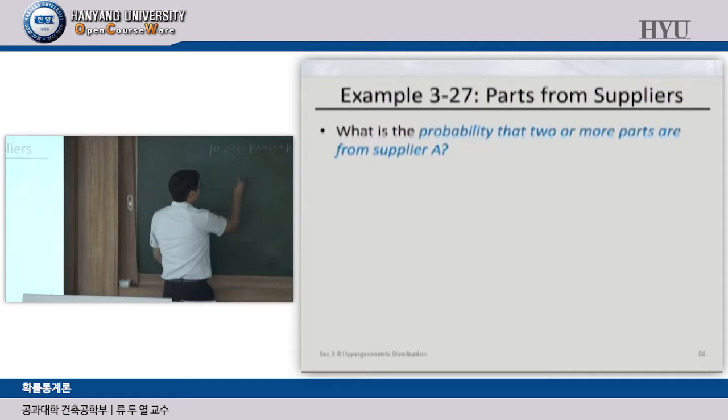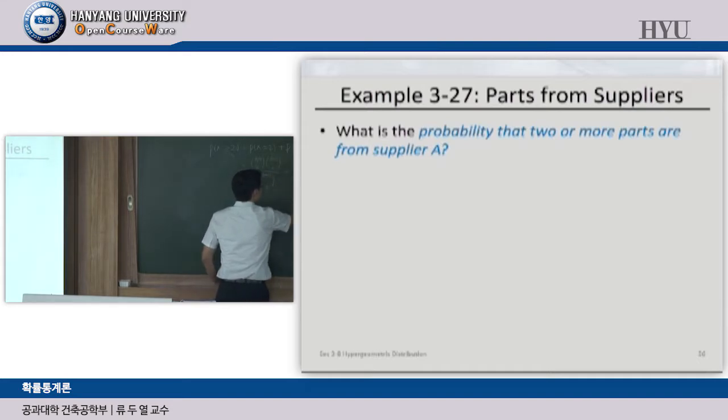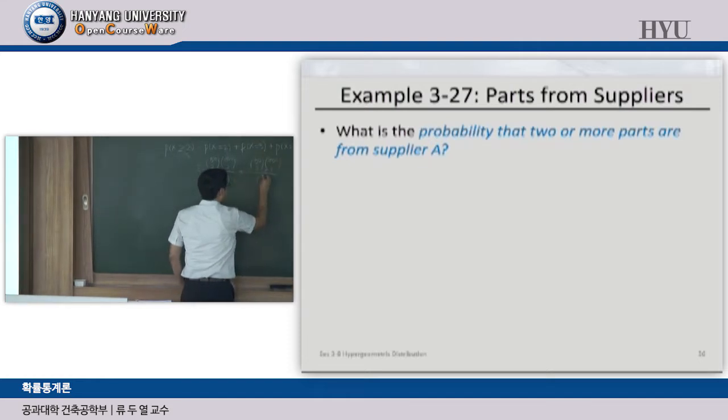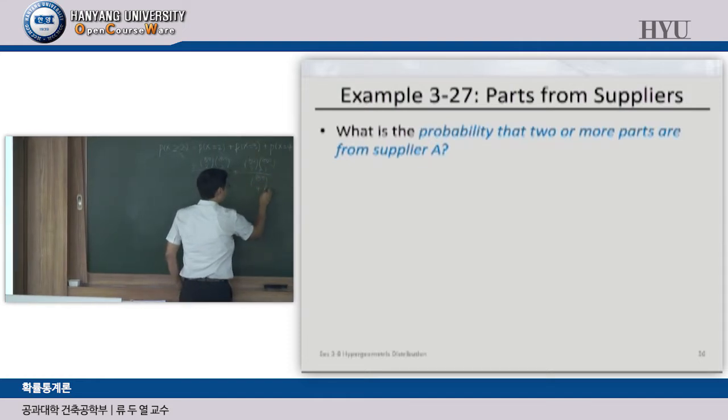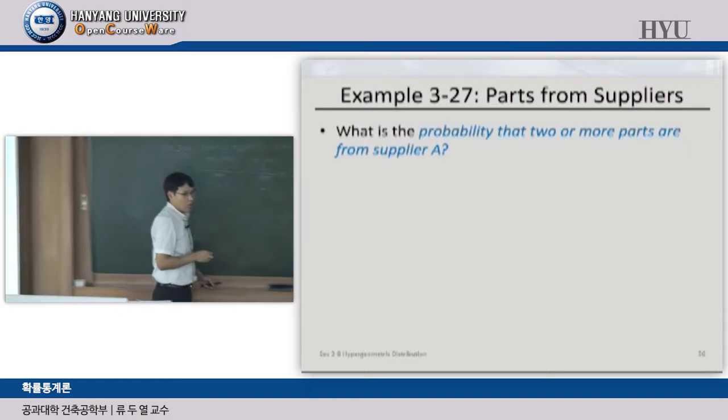So this will be 50 by 2, 800 by 2, over 850 by 4, plus 50 by 3 and 800 by 1 over 850 by 4, plus 50 by 4 and 800 by 0 over 850 by 4. Okay?